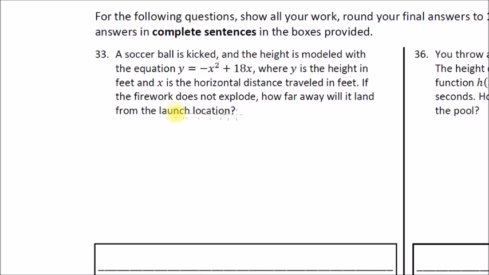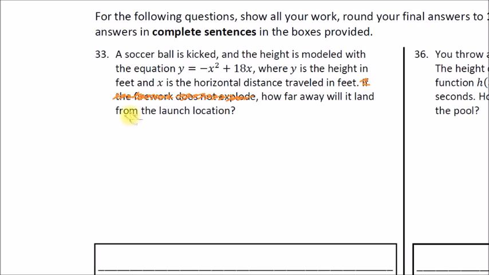Oh, I got a typo here, because one, the soccer ball does not change to a firework, and number two, it's not going to explode. So I think I'll probably fix that on your copy, but since my copy has a weird thing here, since it used to be a firework, let's just say, how far away? Let's get rid of all that.